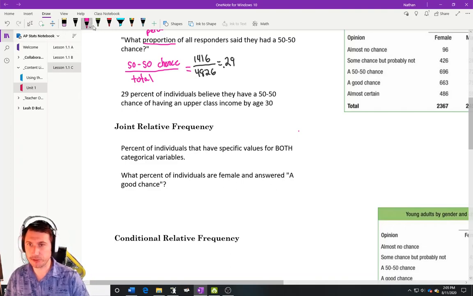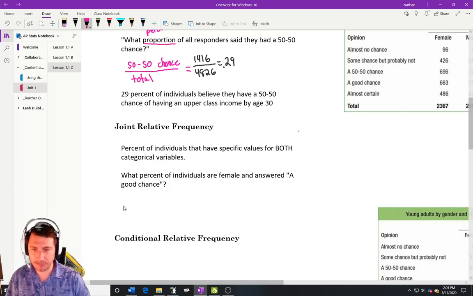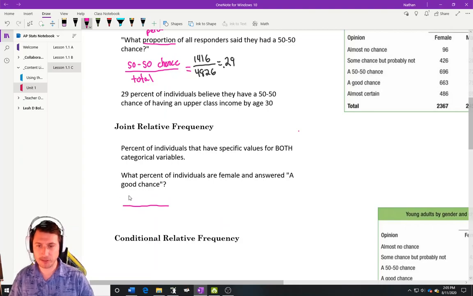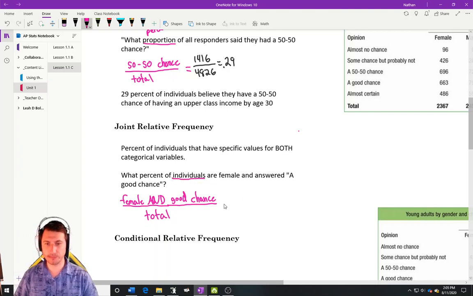Again, it's a proportion, so we are looking at a fraction. The top of the fraction is both female and answered a good chance. Now, what's the total here out of that? All responders, all individuals are my total.